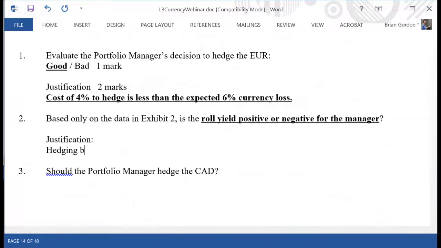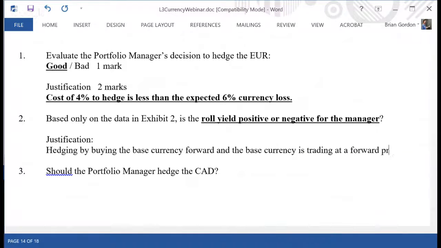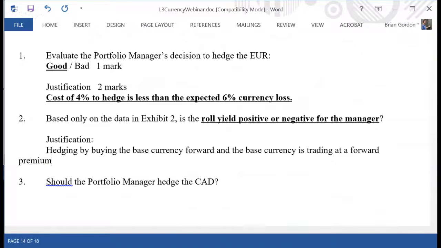We're hedging by buying the base currency forward, and the base currency is trading at a forward premium. Okay, and so this means therefore the roll yield will be negative. This leaves no doubt for the grader that you know what you're talking about.